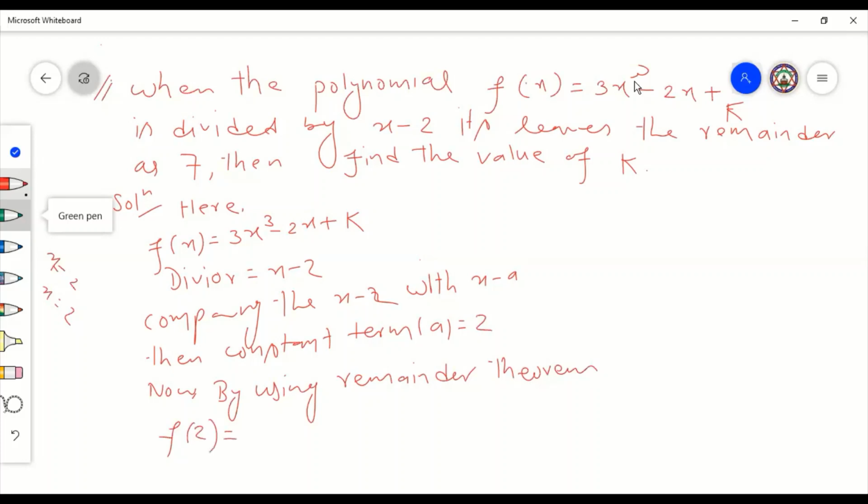Check now. Whenever this polynomial f(x) is divided by x minus 2, it leaves the remainder 7. So f(2) gives the remainder, so instead of f(2) we can write 7. It's the remainder. Now after that we can substitute the value here.